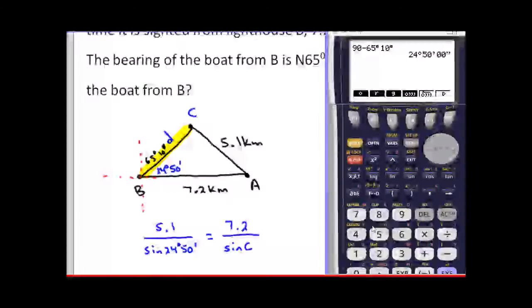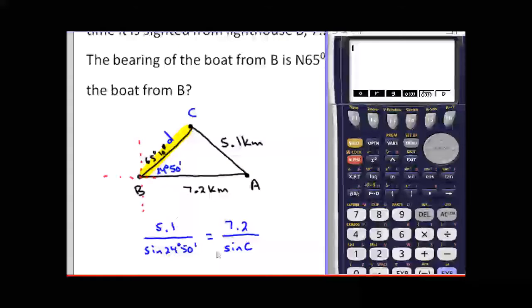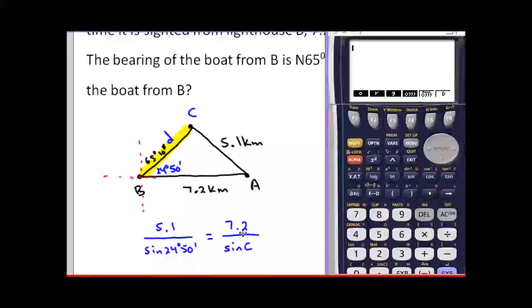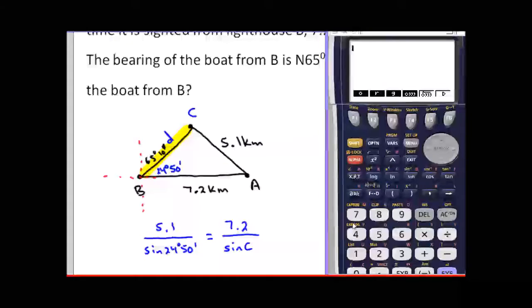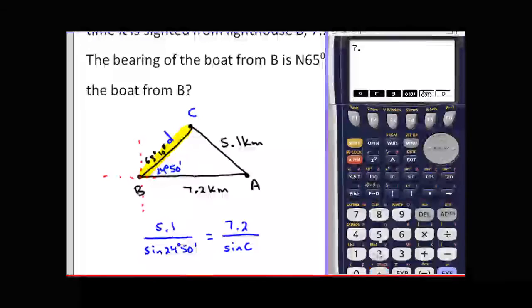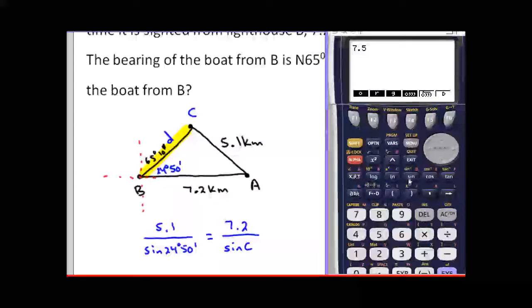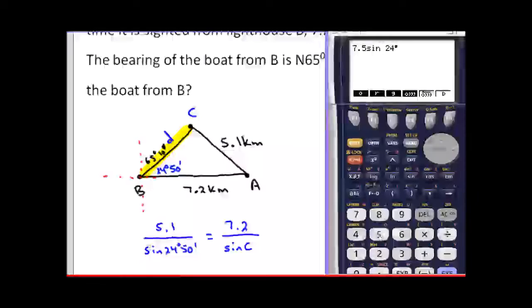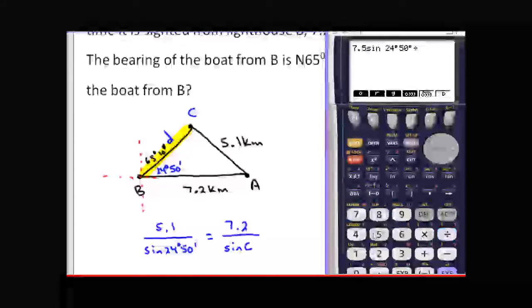So if I want to find angle C, I'm going to cross multiply and divide, and I want to find the angle. So I'm going to do 7.2 times the sine of 24 degrees, 50 minutes. And I'm going to divide it by 5.1.